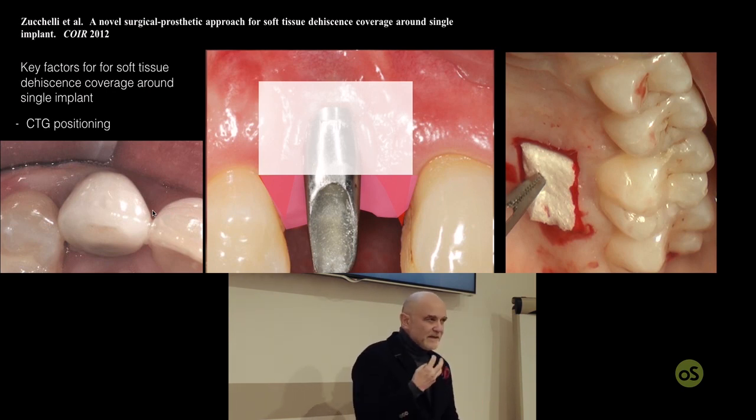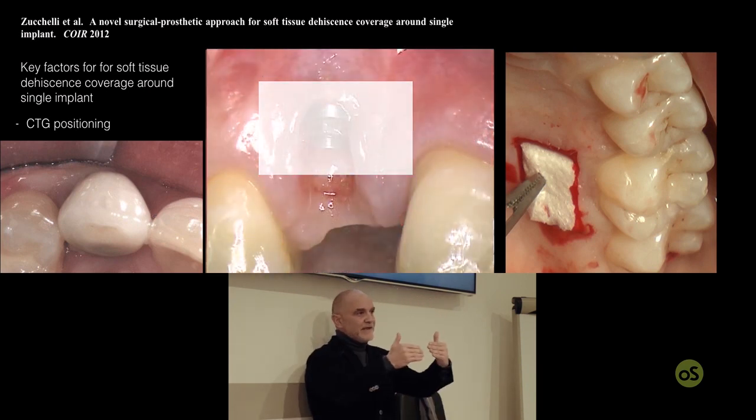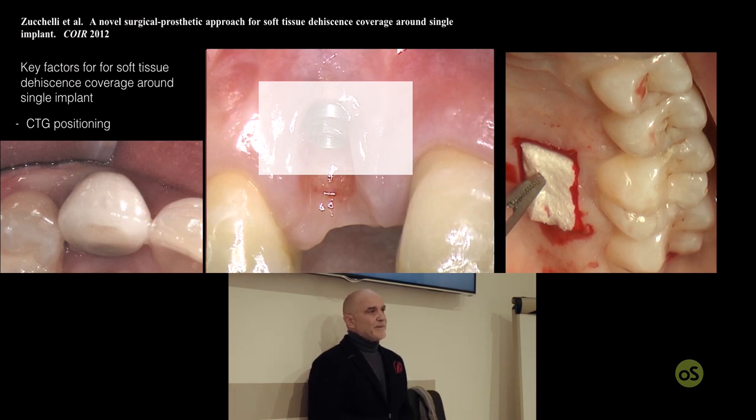So by removing the crown and by changing the abutment with a very, very narrow and very, very thin one, we completely change the relationship between the connective tissue graft and the area of the papilla remaining coronal to the graft.